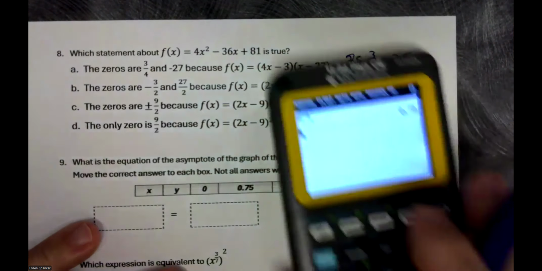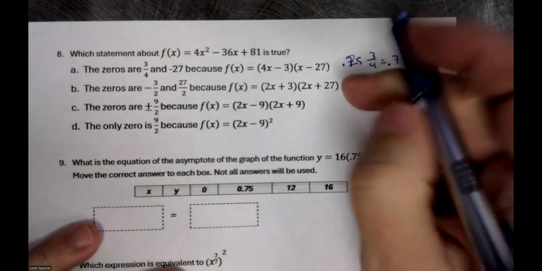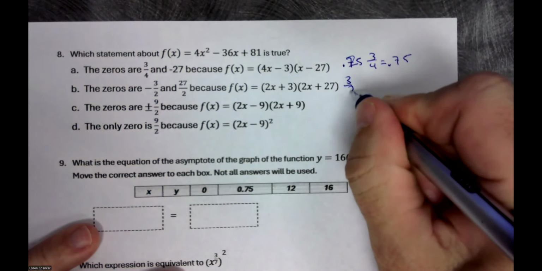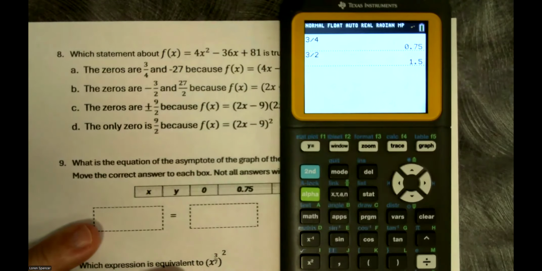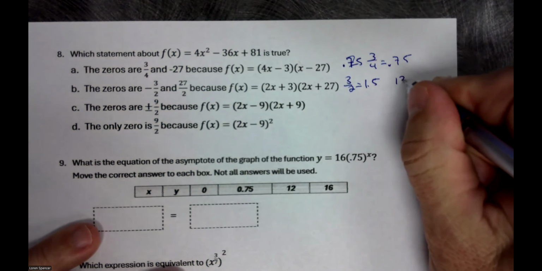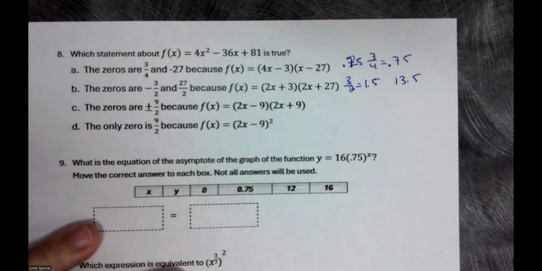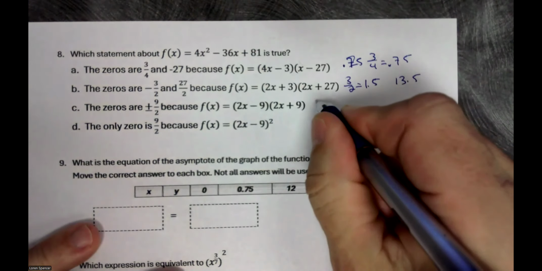And then we have 3 halves, 3 divided by 2. So 3 halves equals 1.5, and 27 divided by 2 is 13.5. And we have 9 divided by 2 is 4.5.